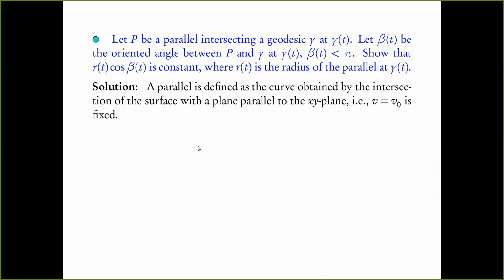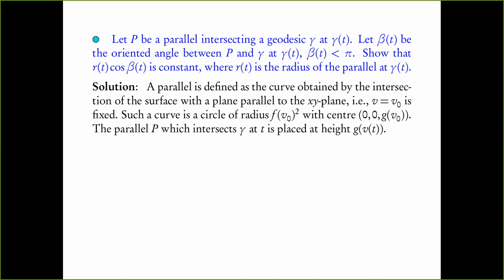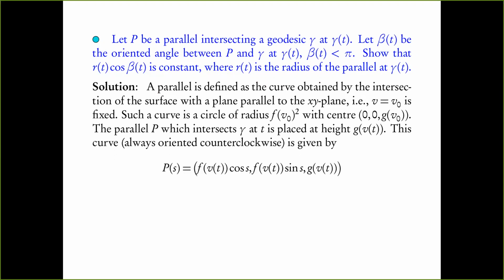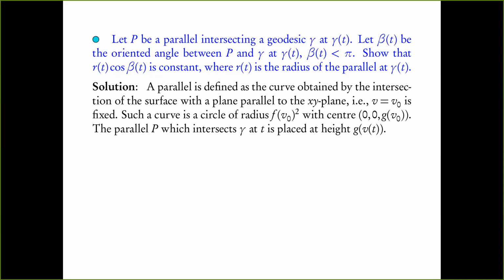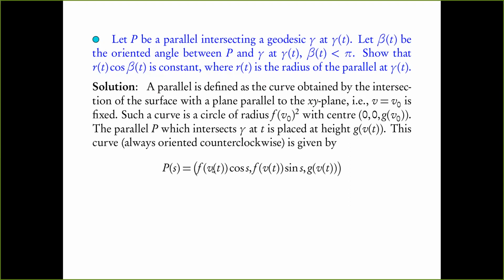Now let's start the question. A parallel, as we said, is defined by the intersection of the surface with a plane parallel to the xy plane. So it's a circle with radius f of v0 and center (0, 0, g of v0), because g of v0 is the height at which the plane is placed. Now you can write down the equation of the parallel: f of v of t cosine s, f of v of t sine s, g of v of t.